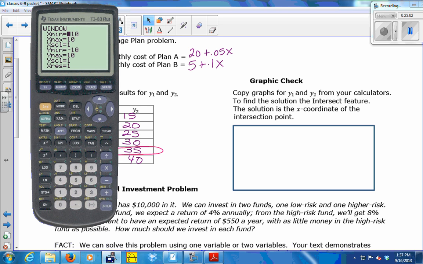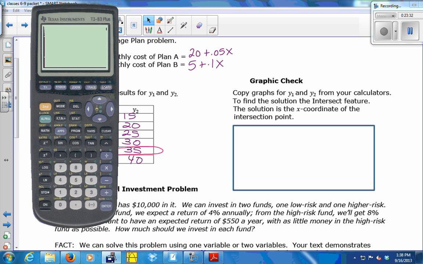So I'm going to start at 0 and maybe go to 350 or 400. And then what is y representing? Costs. Yeah, either cost of plan A or cost of plan B. So my costs, I know from the table, range from $15 to $40. So I think I'm going to go 0 to 60. Just a range of costs that you would pay for texting.